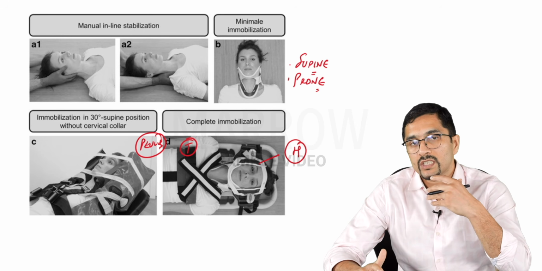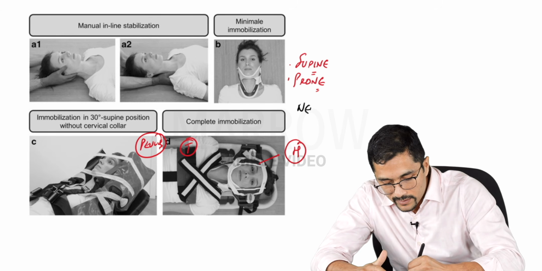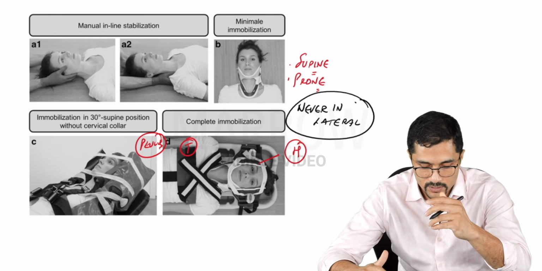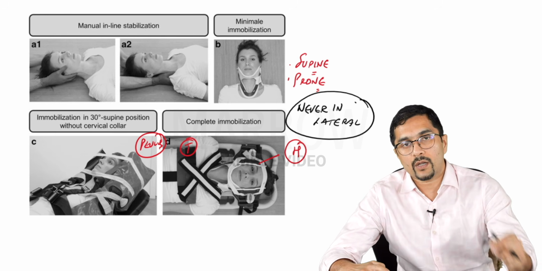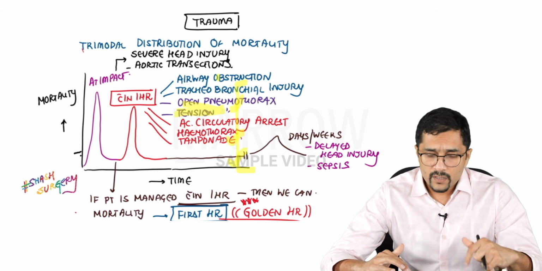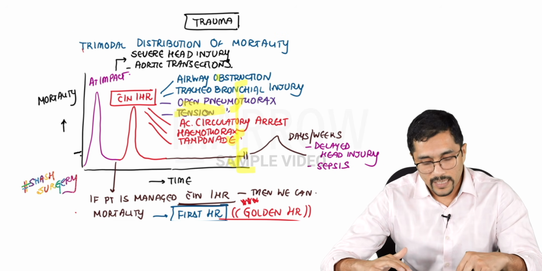Advantage of the prone position is that you prevent aspiration, but never in the lateral position. You never transfer a trauma patient in a lateral position, and preferably the trauma patient is transferred on a hard board.